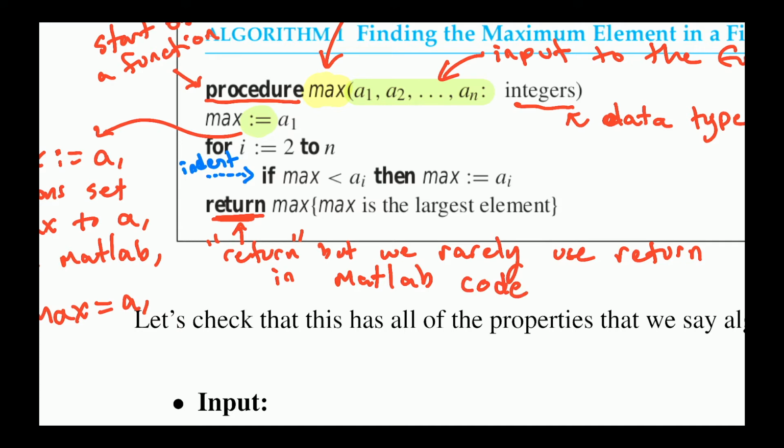What you do need from that line, though, is the output variable, right? Because in Matlab, you need to say your output variable at the beginning of the function. So here it says return max, and so you've got max right here, and that's actually your return variable, which you specify at the top in Matlab.